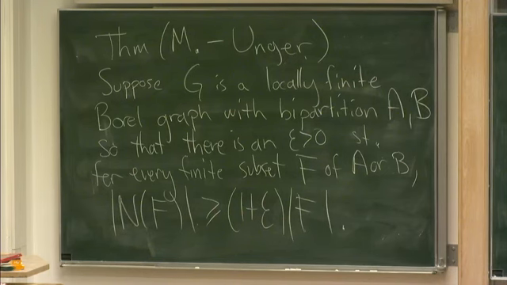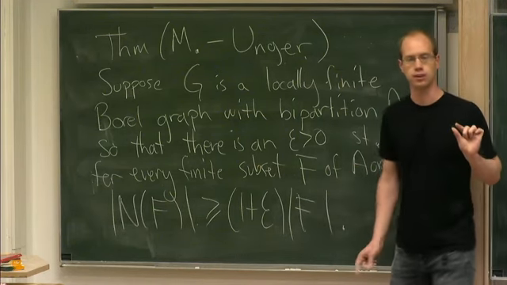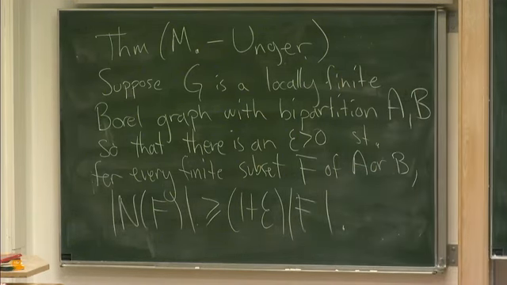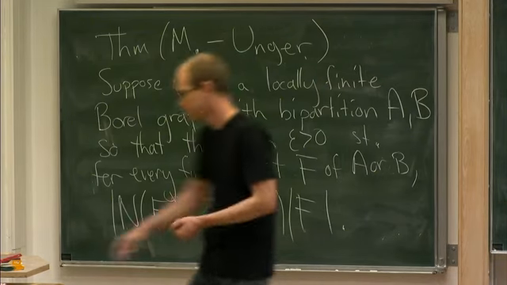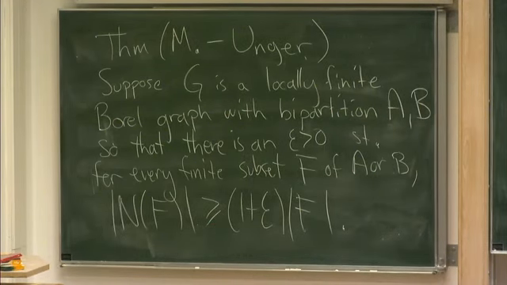So that's the assumption. This is some barely strengthened form of Hall's condition, where I add an extra epsilon of neighbors everywhere. Epsilon can be as small as you like. Are you assuming any regularity about A and B, or are they Borel, or are they just arbitrary? No, A and B can be arbitrary here. Yeah.